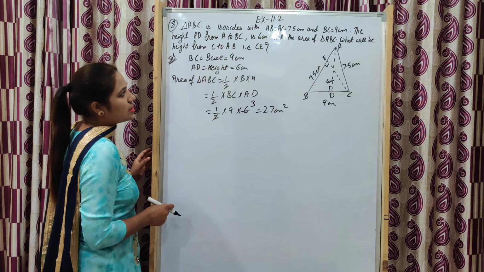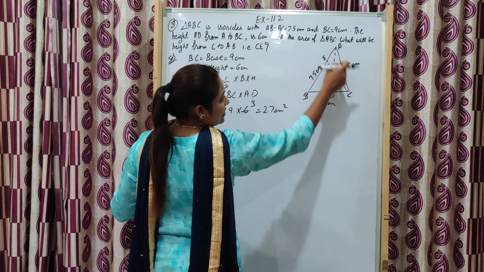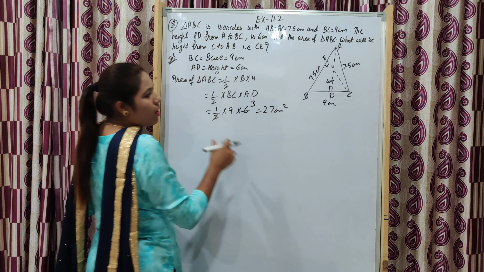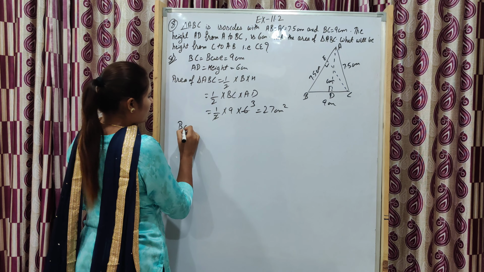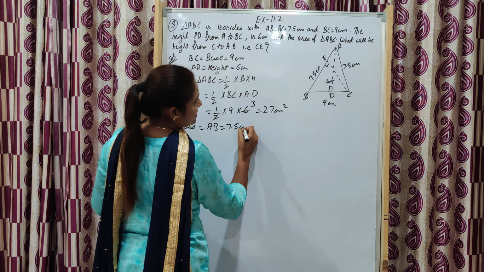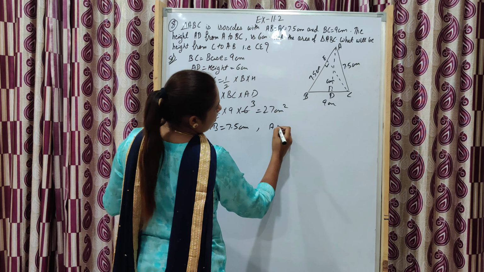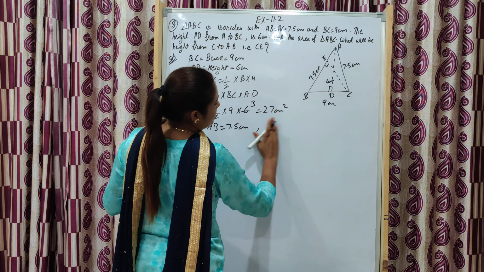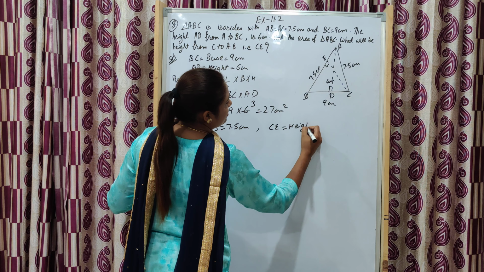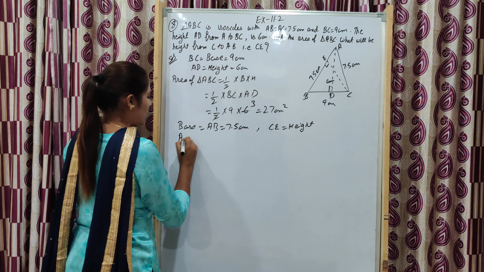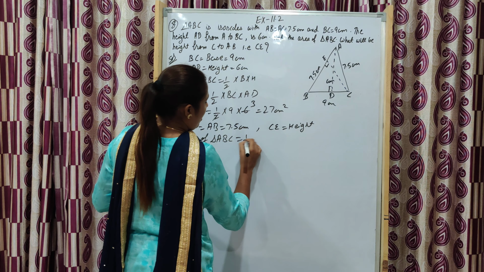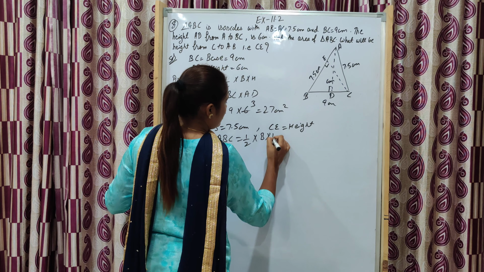Now we will find CE. That is our height. If CE is the height, then base is AB, because height is always on base. So I am going to write base, that is AB 7.5 centimeter, and CE we don't know, that is our height. We have to find area of triangle ABC, half into base into height.